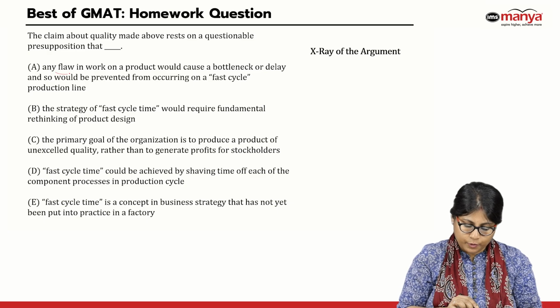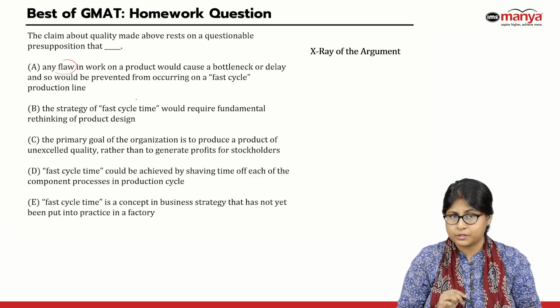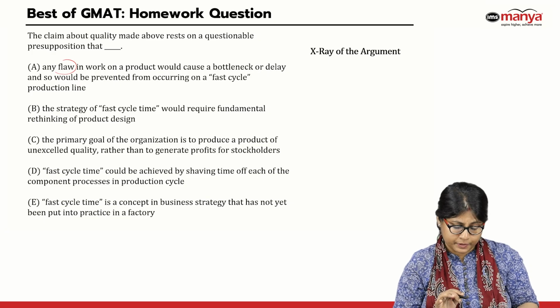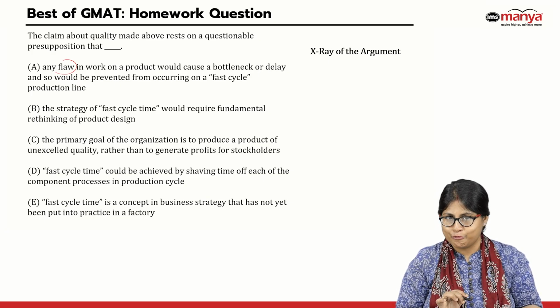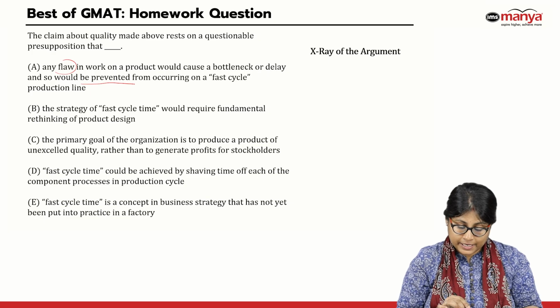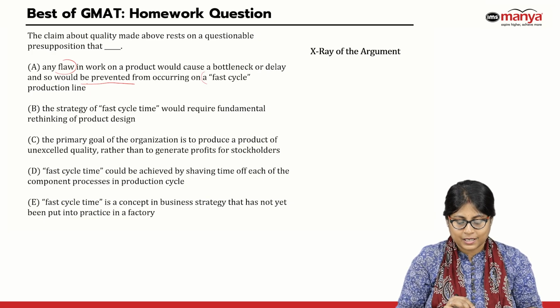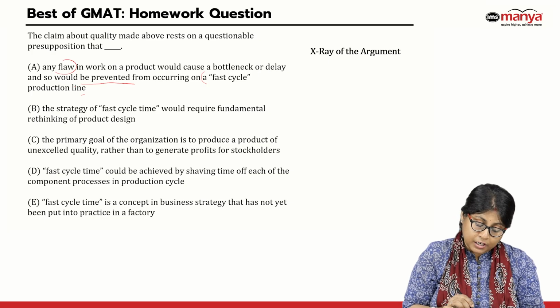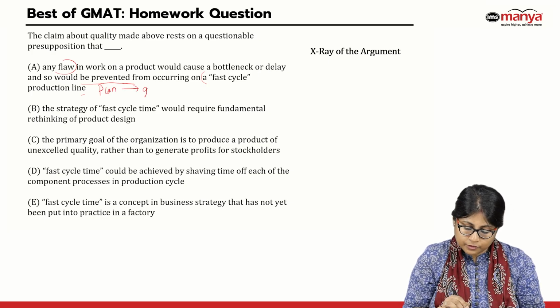So, any problem in work on a product would cause a bottleneck. That means there are bottlenecks which really happen. They are real. And so, these real problems of bottlenecks could be prevented from occurring on a fast cycle production line.